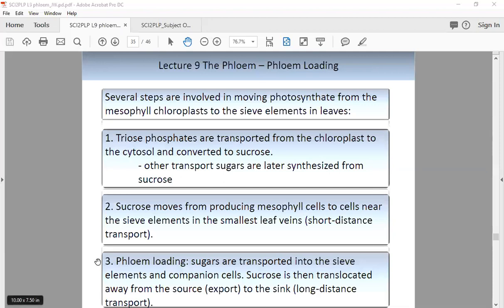Sugars are transported into the sieve tube elements and companion cells, or rather the other way around, into the companion cells and then into the sieve elements. Sucrose is then translocated away from the source to the sink, long distance transport, and we just went over that using our mass flow model.